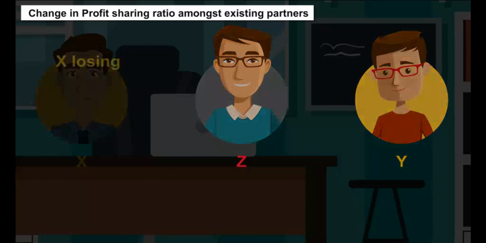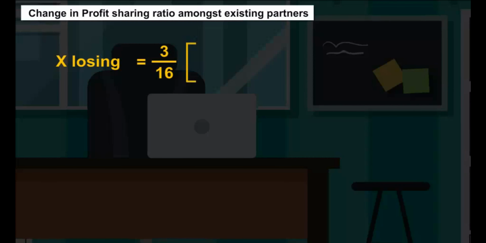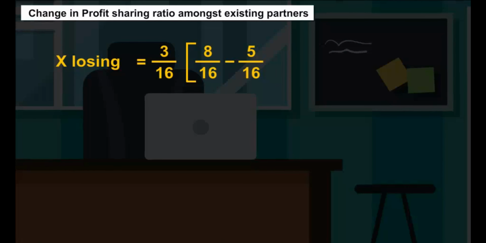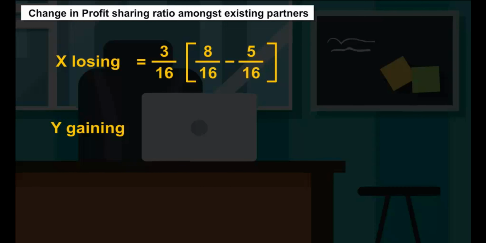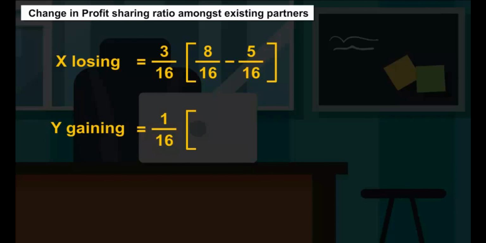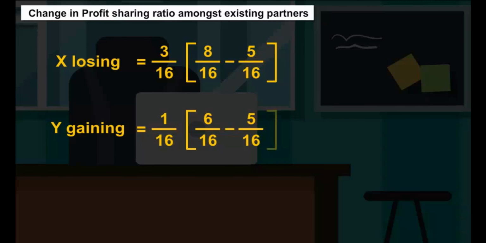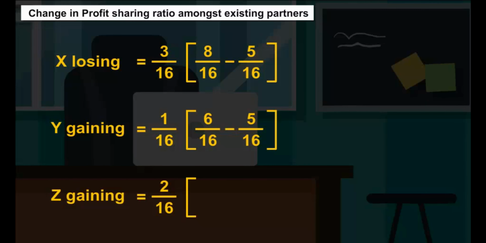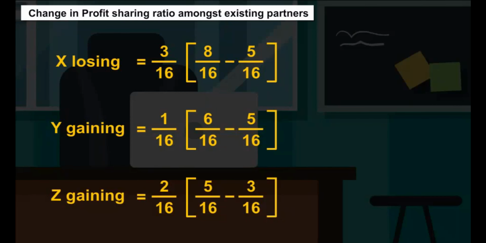This results in X losing 3/16 (8/16 minus 5/16) share in profits, while Y and Z gain 1/16 (6/16 minus 5/16) and 2/16 (5/16 minus 3/16) respectively.